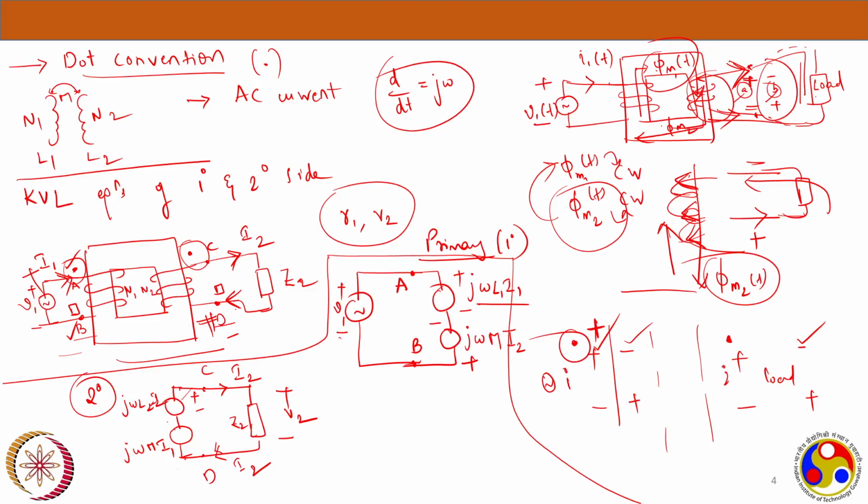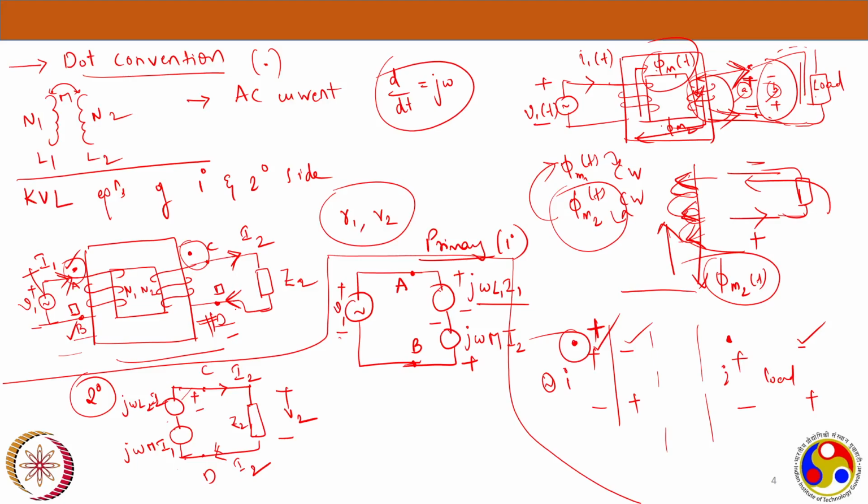Okay, actually, you are saying... okay. Yeah, now I got your point. From the primary side, the current is entering the dot, and in this side, the current is leaving at the top.